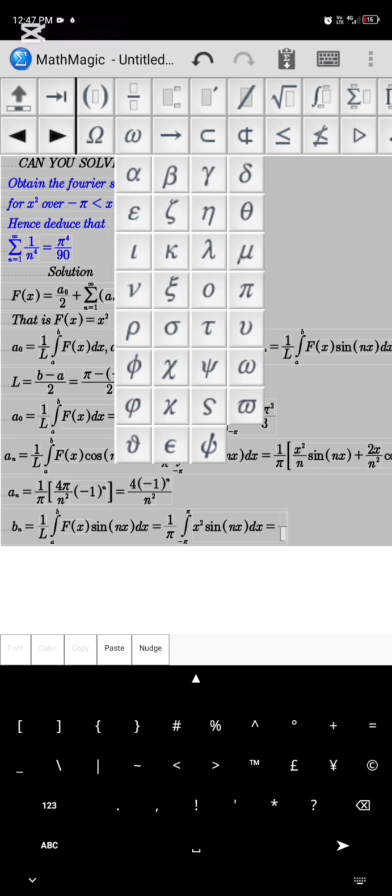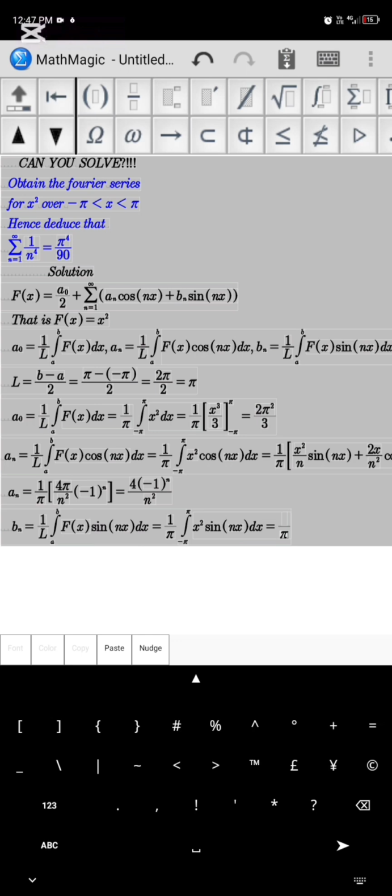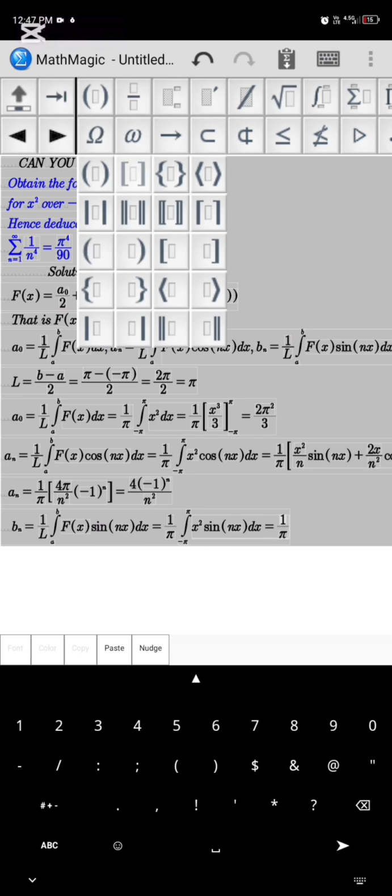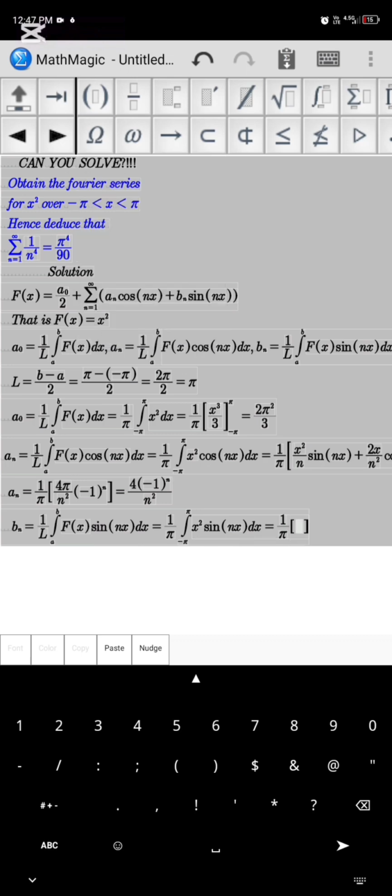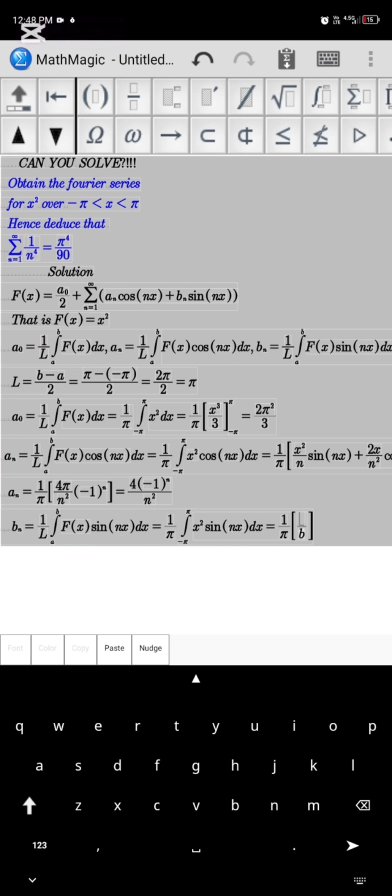I will write down the answer straightforward. So that will be 1 over pi multiplied by the result you get if we integrate that. So we are going to get minus x over n. Sorry, I wrote b instead of n.